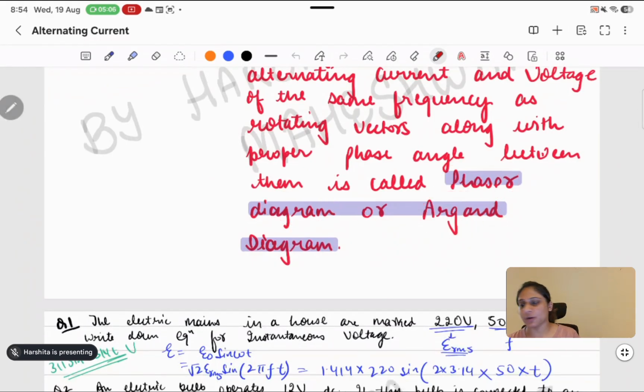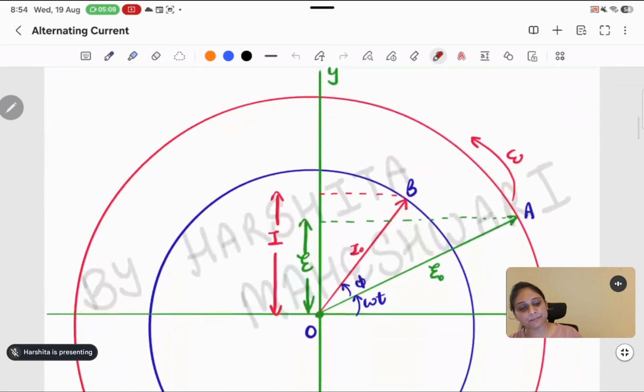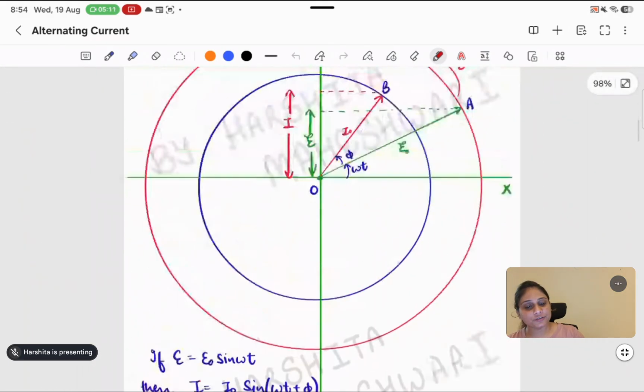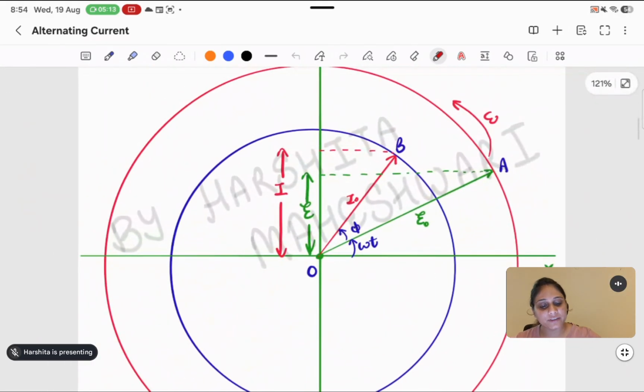Now, let's start by taking the example of this diagram. You can observe that if this is my omega t, the vector at E naught will be rotated by the angle omega t to reach somewhere, I naught. Let's suppose I'm adding a small angle phi here.